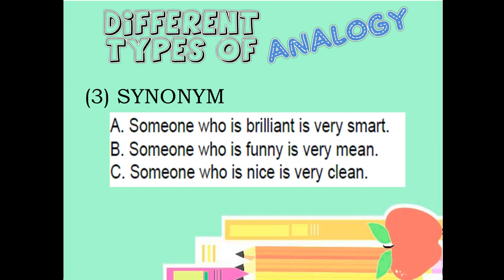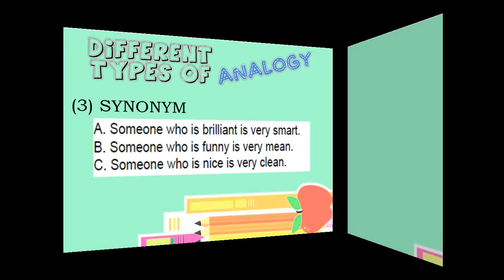Letter B, someone who is funny is very mean. And letter C, someone who is nice is very clean. Which do you think of the statement has the relationship of synonym in analogy? You are correct. Someone who is brilliant is very smart, because brilliant is synonymous to the word very smart.